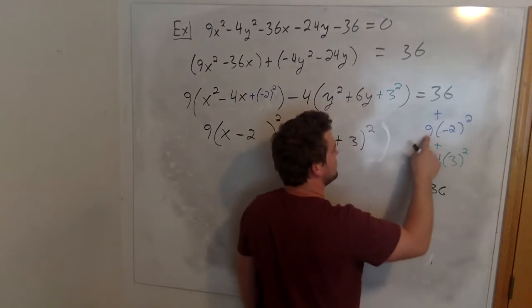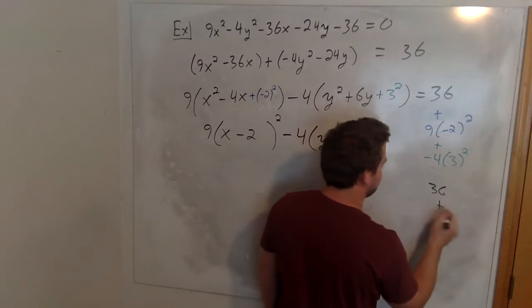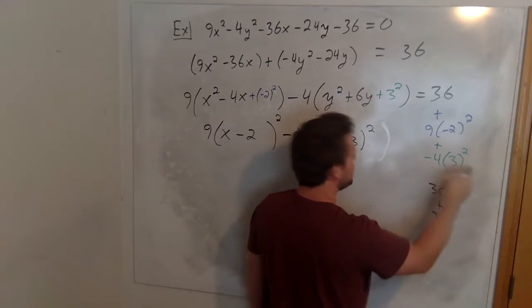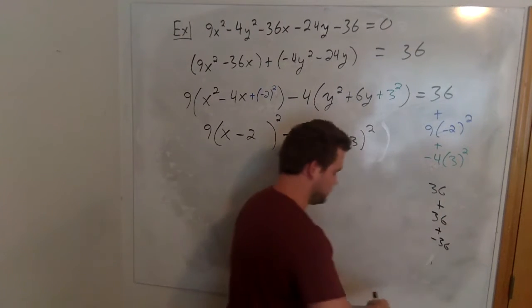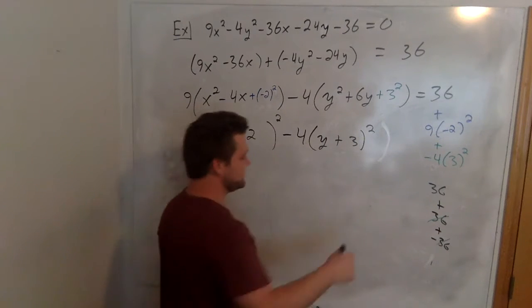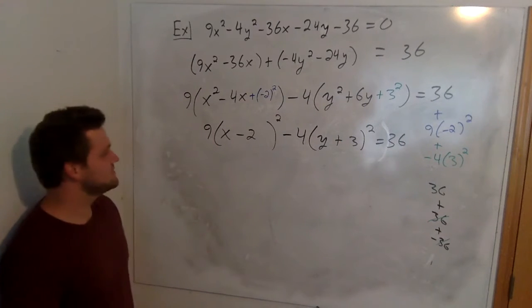We're adding a 9 times negative 2 squared, which is 4. 9 times 4 is 36. So we have 36 plus another 36. Here we have a negative 4 times 9. That's a negative 36. Okay, so conveniently, these 36s cancel. And we're just left with this.